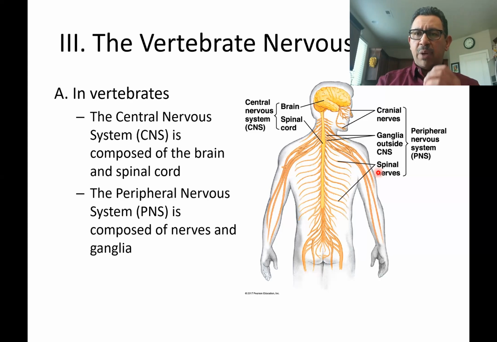Nerves are bundles of axons of many nerve cells, and this bundling allows for a more effective movement of information from one part of the body to the central nervous system, and vice versa, from the central nervous system to the effector organs, those that can produce a response. And there are also ganglia. Ganglia can allow for some of the relaying of information between the nerves of the peripheral nervous system and the central nervous system of the animal. So the peripheral nervous system has ganglia and nerves, peripheral nerves.